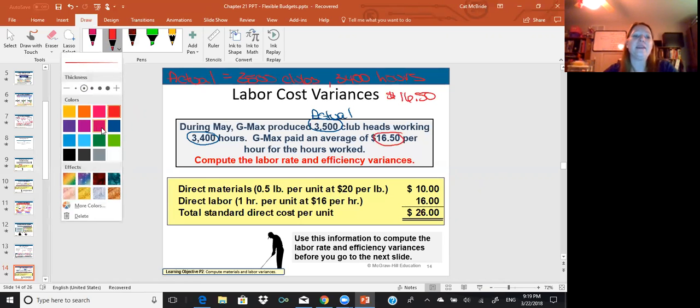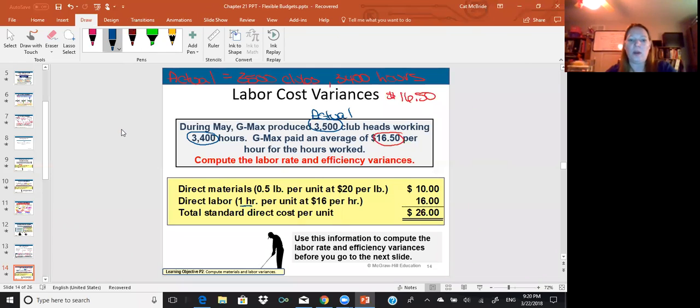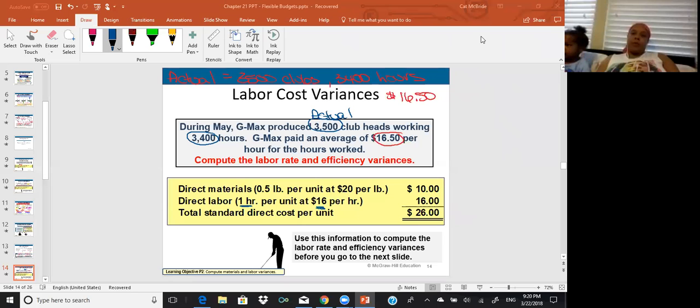Now, what I had planned to spend is direct labor, 1 hour per unit at $16 per hour. So right off the bat, do I have a variance in how much I paid for my labor? Yeah, I do. Is it favorable or unfavorable?